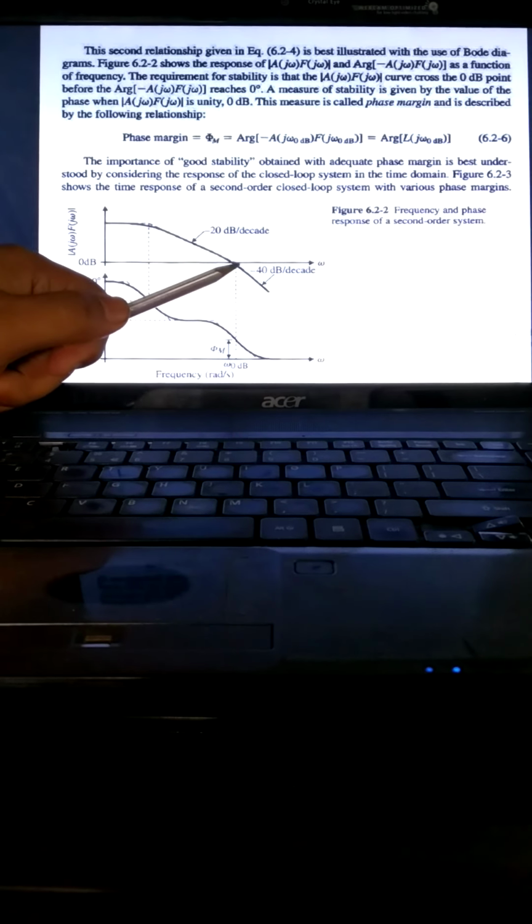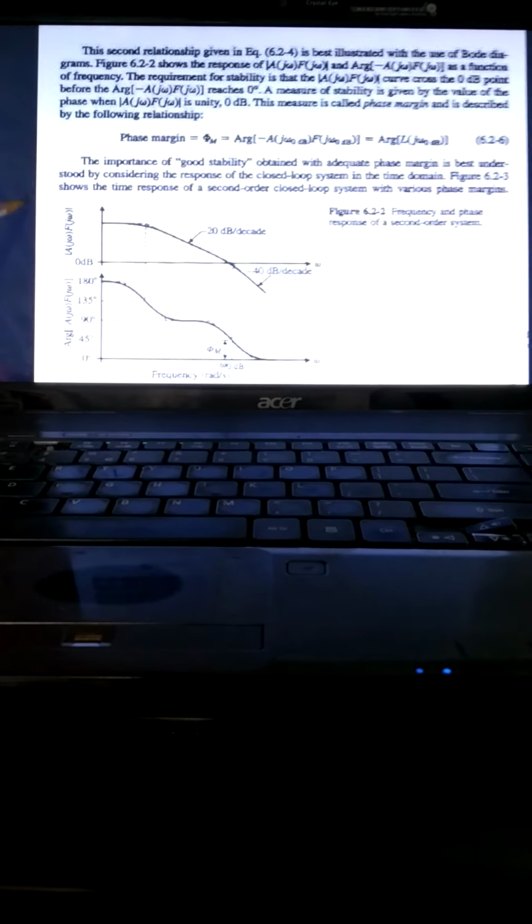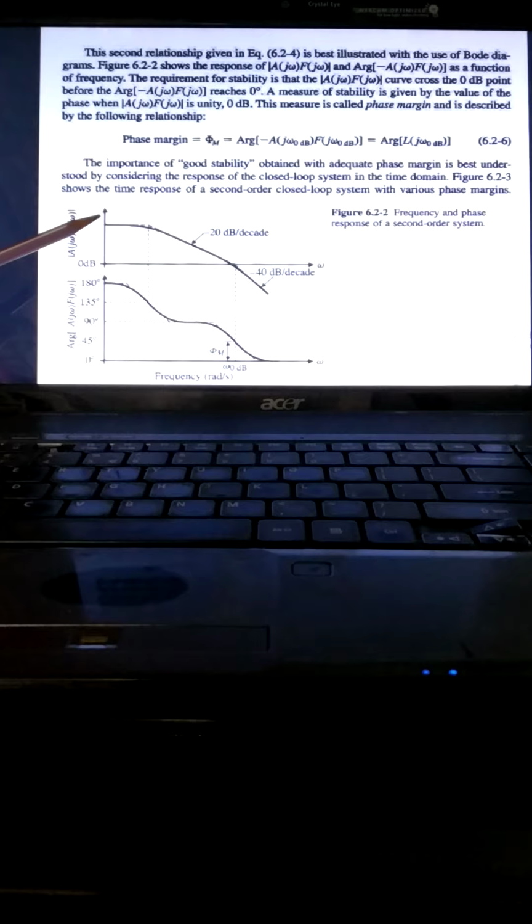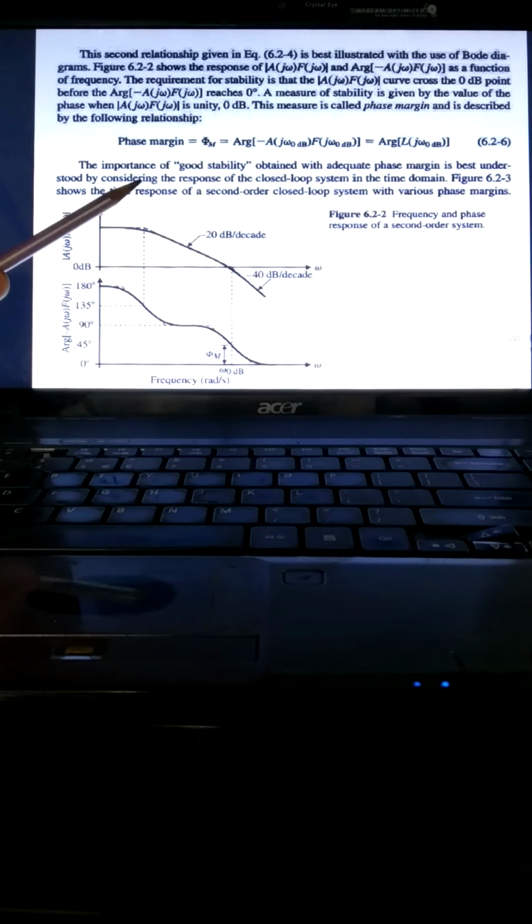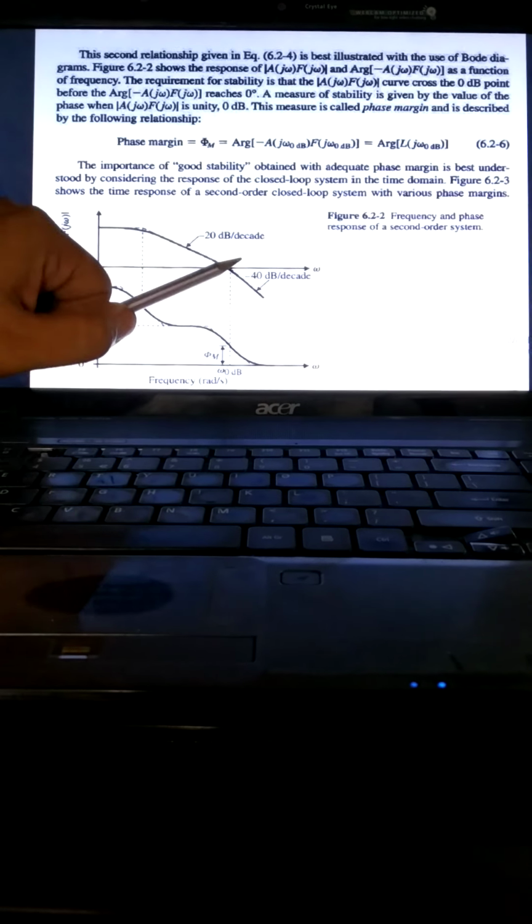This is the first pole, this is the second pole, and according to the Bode plot, the slope is 20 dB per decade after the first pole, and after the second pole the slope should be minus 40 dB per decade.